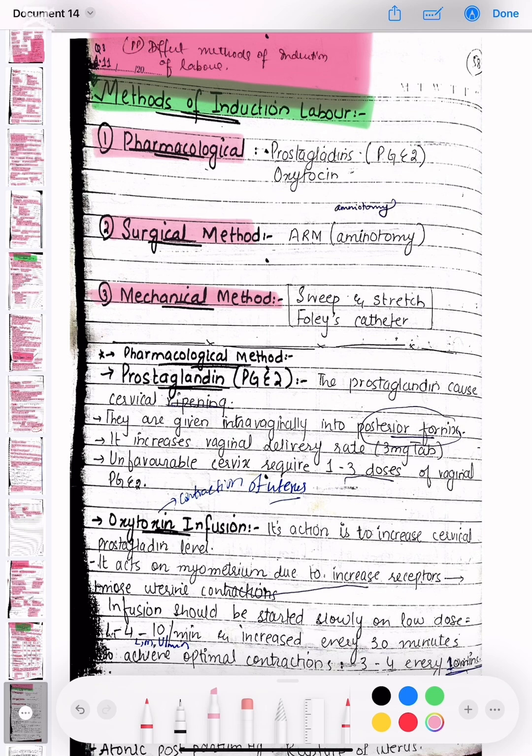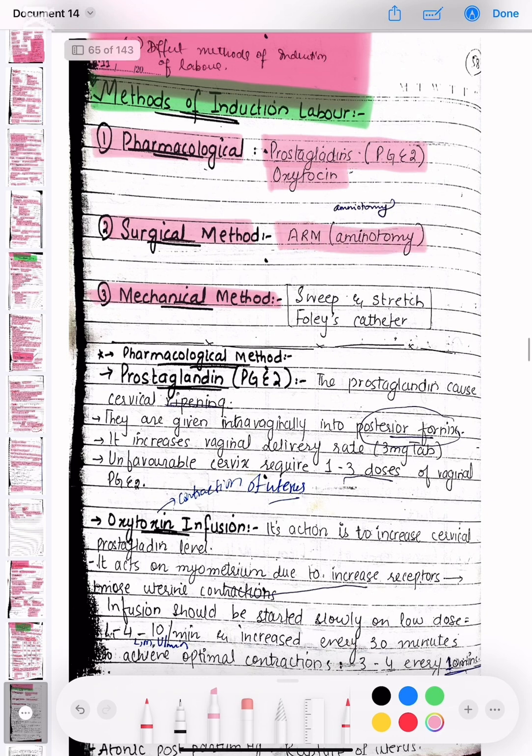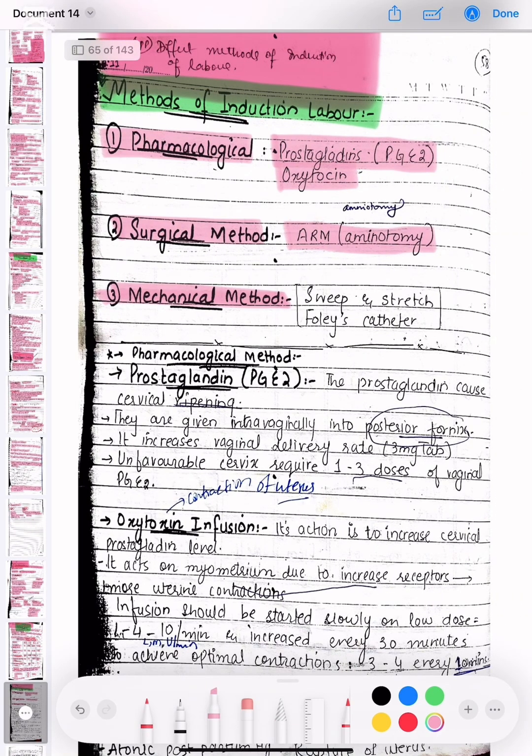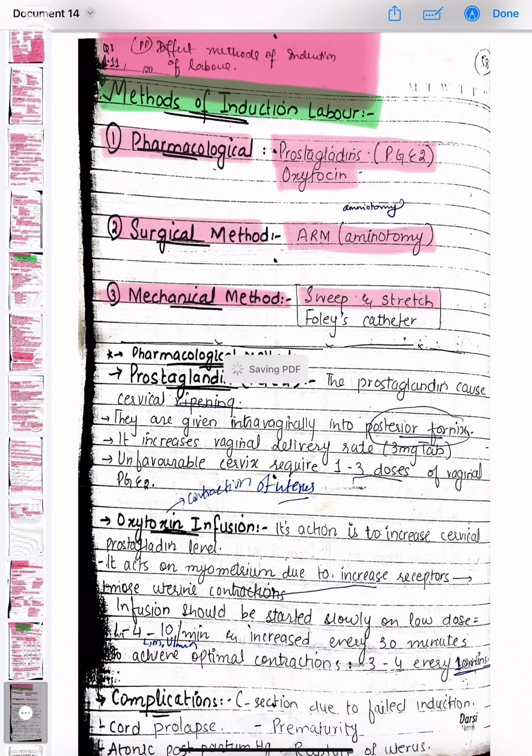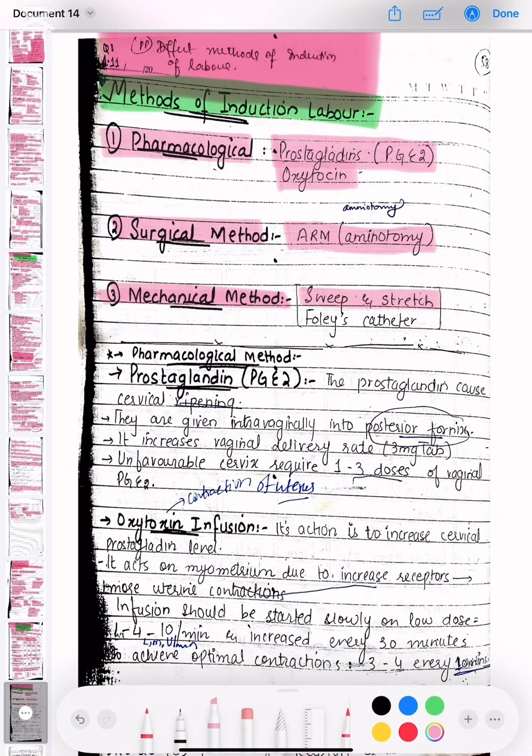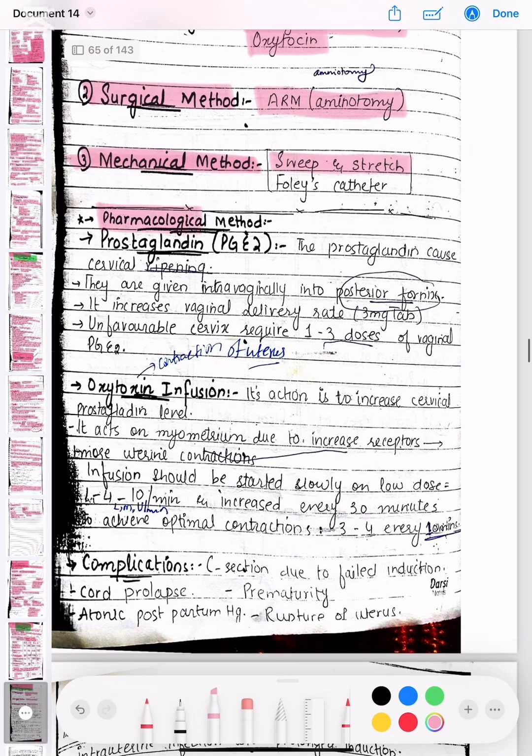The pharmacological methods are prostaglandins and oxytocin, that is PGE2, and the surgical methods are artificial rupture of membrane and amniotomy. The mechanical methods are sweep and stretch and Foley's catheter. So the pharmacological methods contain the prostaglandin methods, the oxytocin infusion method, and then we will discuss the complications. These are the pharmacological methods.